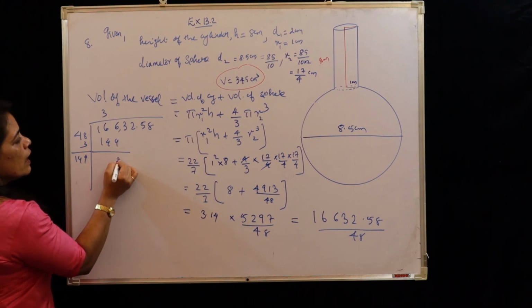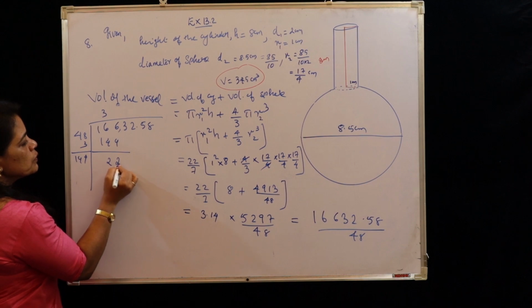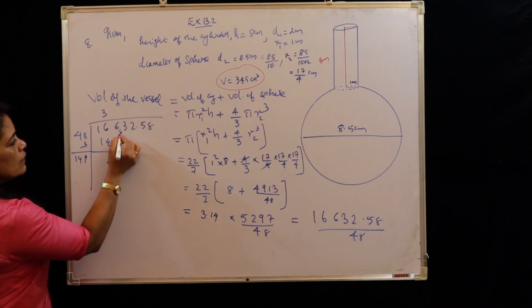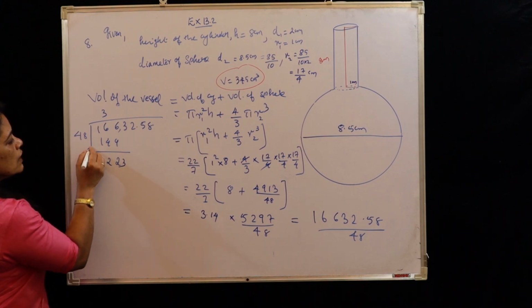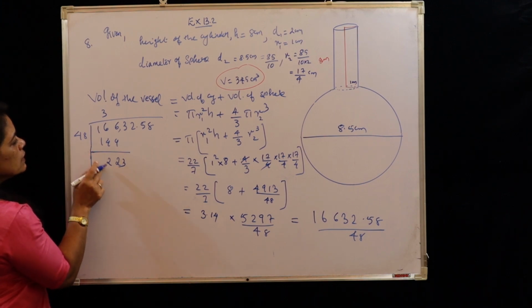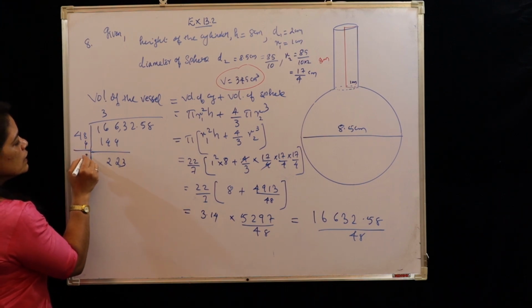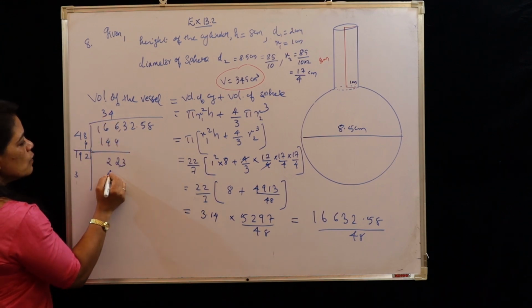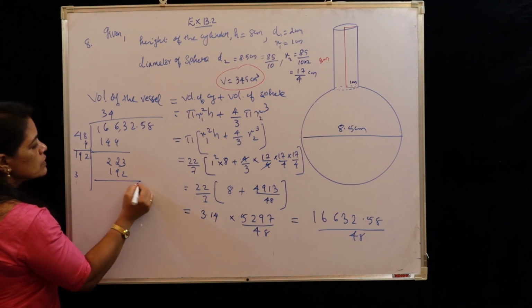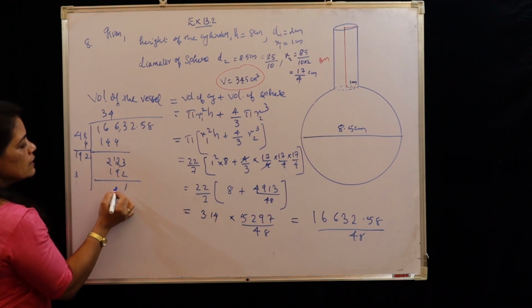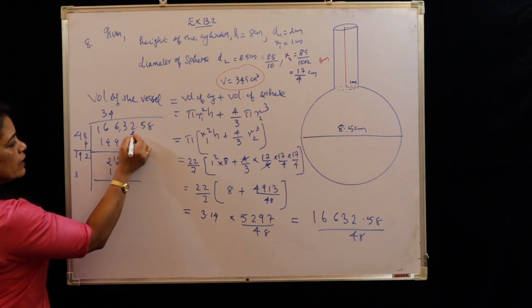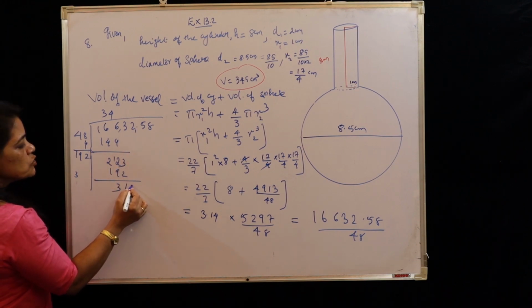Then you will have 22. Then we can bring down 3. Bring down 3 means you can multiply with 4. 32, 3 carries, 19, so 192. Subtracting, you will get 1.